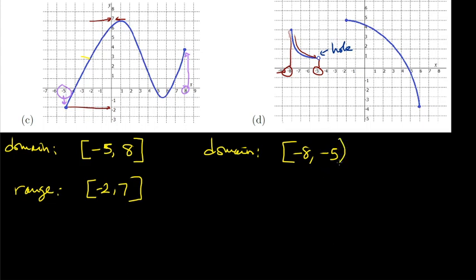Parentheses, right? All right, then we skip over a bunch of points here, and we start again at negative 2, and then we go all the way from negative 2 to, looks like 6. And here we do include both the negative 2 and the 6.